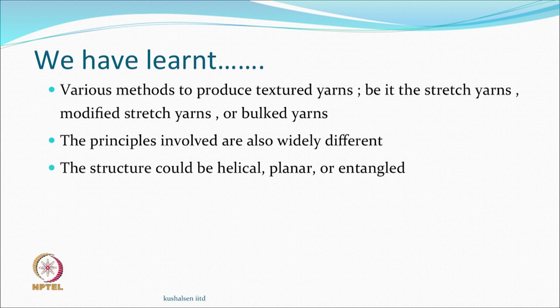We have learned whether it is a stretch yarn or a modified stretch yarn or bulk yarn, the principles involved in producing such yarns are very widely different. The structure that is generated is also very different, could be helical, planar, 3D, entangled structure and so on and so forth.